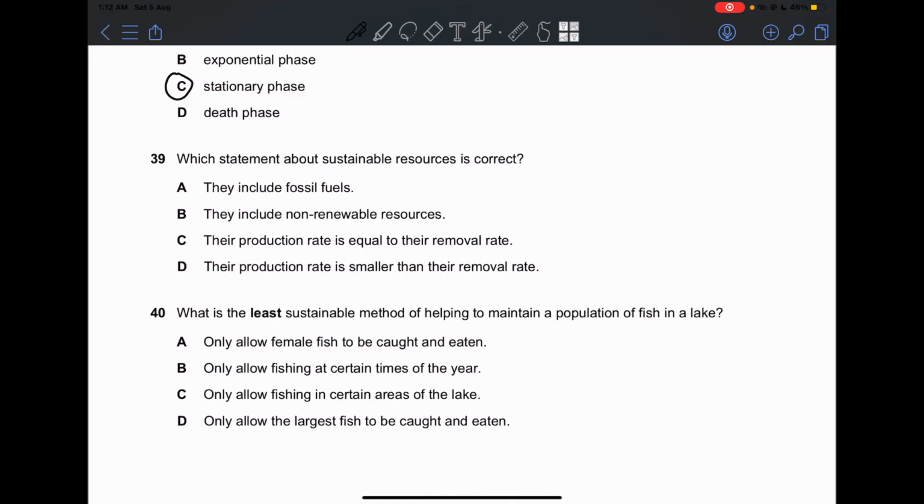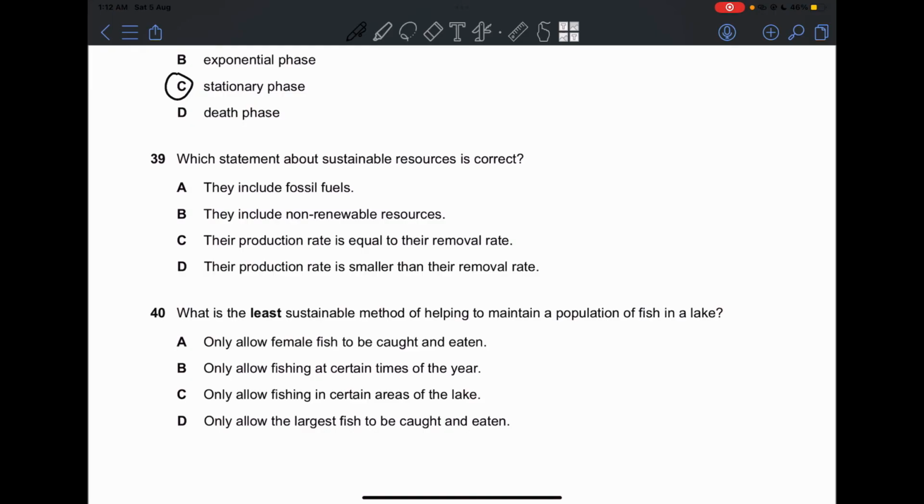39. Which statement about sustainable resources is correct? A says they include fossil fuels. If they include fossil fuels, this means that they are non-renewable. So this is an incorrect answer. B says they include non-renewable resources. Again, this is an incorrect statement, just like A, because sustainable resources should only contain renewable resources.